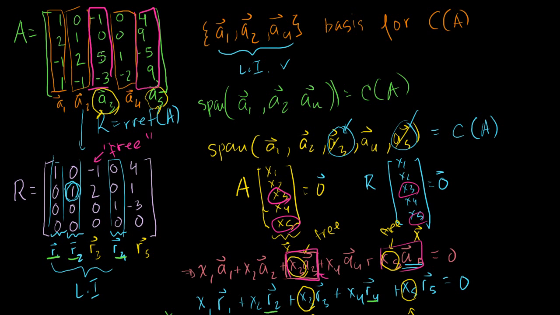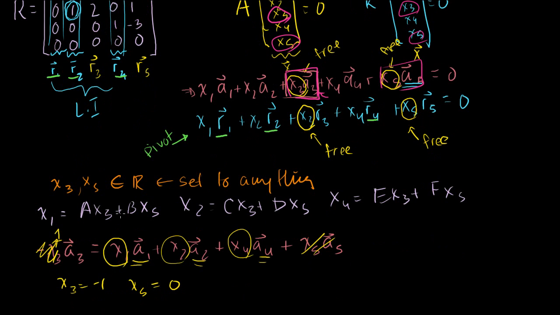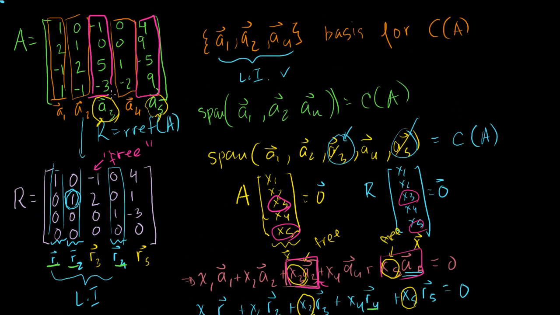They can always be expressed as linear combinations of the other columns, because you just have to manipulate this equation, set the coefficient for whatever you're trying to find a linear combination for equal to minus 1, and set all the other free variables that you're not solving for equal to 0, and then you can get a linear combination of the vectors that are associated with the pivot columns.